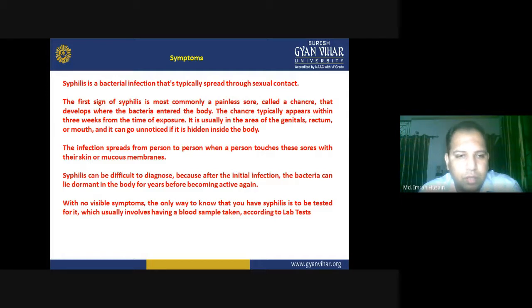Syphilis can be difficult to diagnose because after the initial infection, the bacteria lie dormant in the body for years before becoming active again. With no visible symptoms, the only way to know that you have syphilis is to be tested for it, which usually involves a blood sample taken for a lab test.